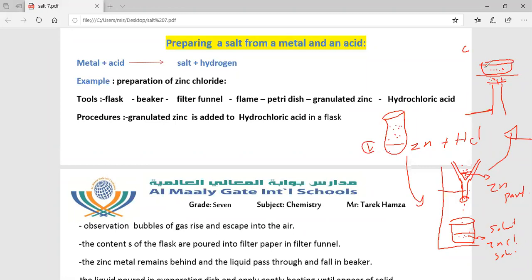Wait until all liquid is evaporated, leaving a solid particle in the dish. This solid particle is zinc chloride. Okay, this is the experiment. If anyone wants to understand, please raise your hand.